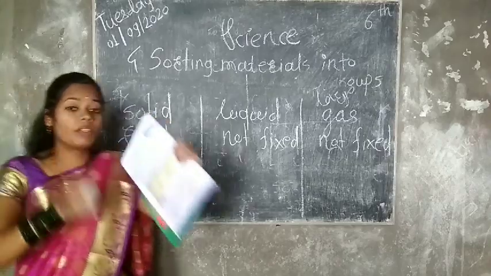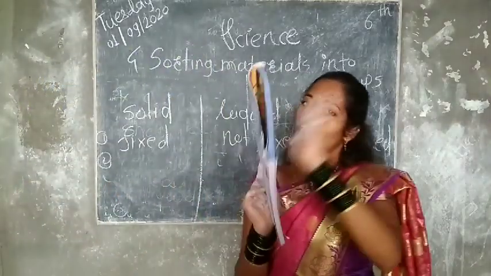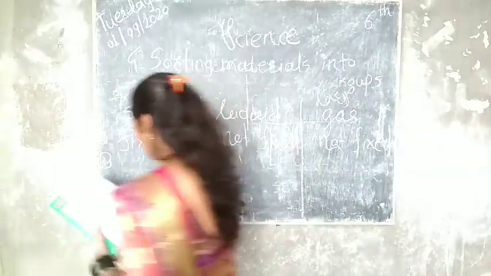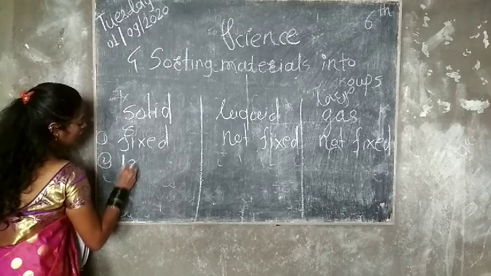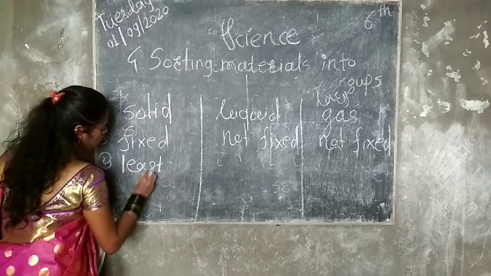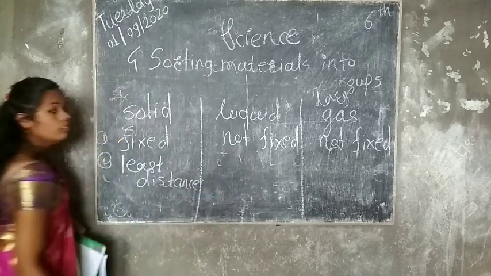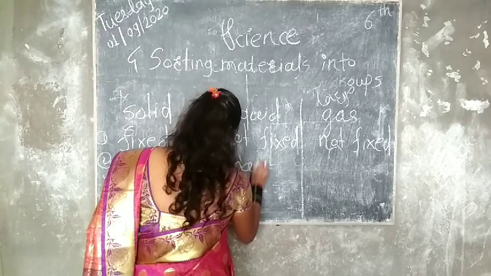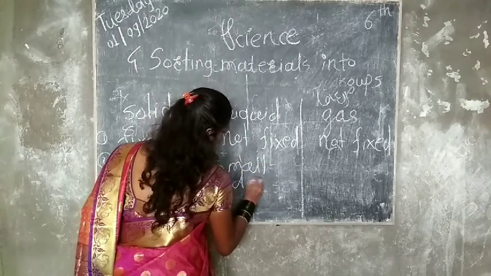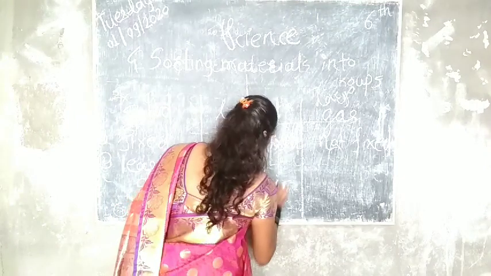Second, the distance between molecules. In solid, there is least distance, very little distance. In liquid, a small distance. And in gases, a huge distance.